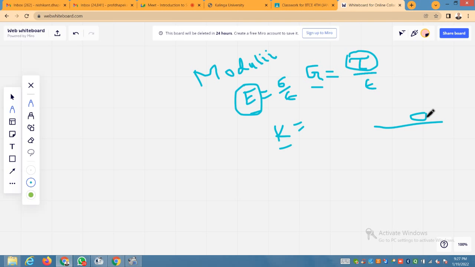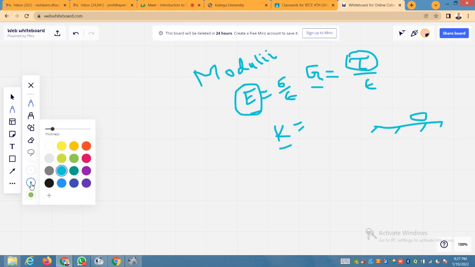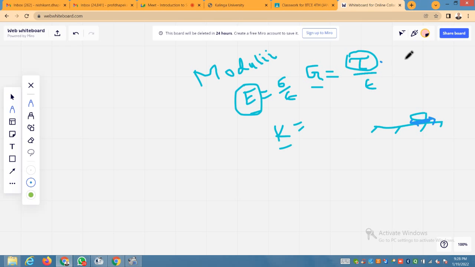Assume this is your stone and this is your surface, slightly rough. Now if you are rubbing this stone on this surface, the contact between the stone surface and this floor surface will be there, and stresses will be developed at the surface. These stresses we call shear stresses.